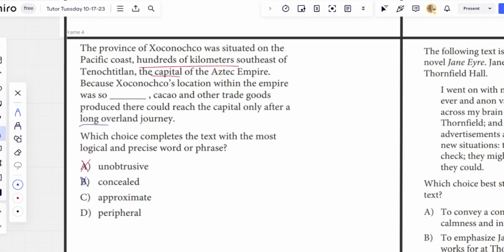Long overland journey. That's what the words are more relating to. Approximate could maybe work, but that would signal more that it's in a general vicinity. We know where it is, but it's just so far away. And that's why I'd go with D for peripheral on this one. It was really on the outskirts. It wasn't really near the capital.